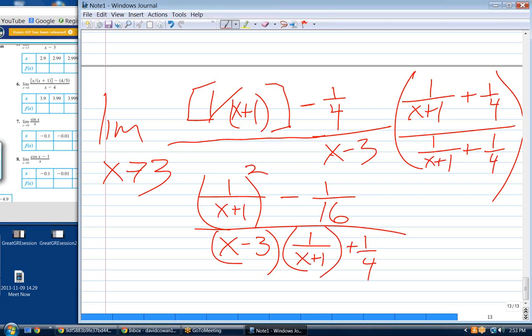Think about this for a moment. If I plug in x equals 3 into this, what do I get? We get 1/4 squared minus... Oh, you know what? I got my parentheses down here wrong.